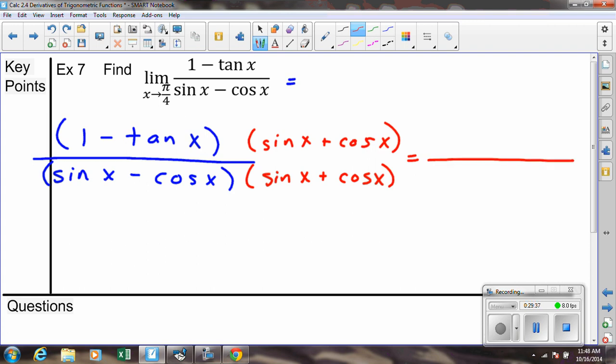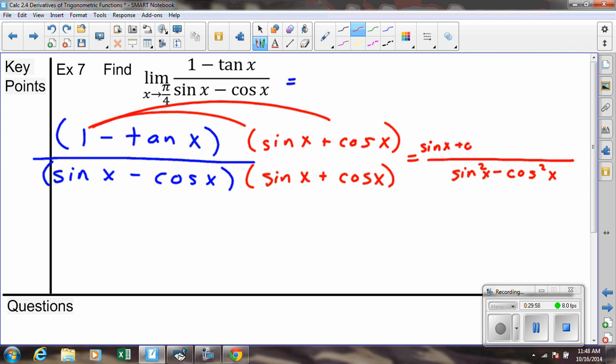I'm going to start with the denominator because it's easy. We'd have sine squared minus cosine squared of x. For our numerator, 1 times sine is sine of x. 1 times cosine is cosine of x.